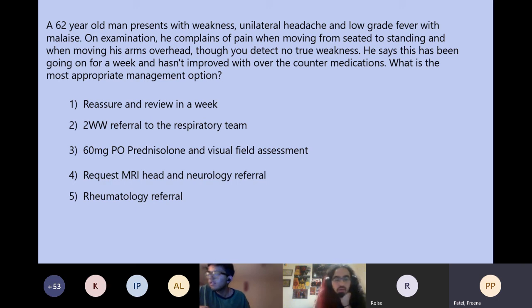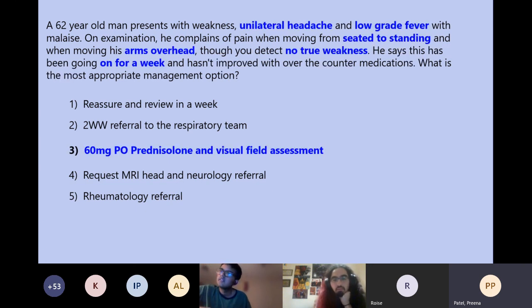So because it's most appropriate, you want to give her the steroids and the visual field assessment, and then do all the other bits later. You would maybe refer her to rheumatology and review her again, but currently you want to give her the steroids and do a visual field assessment.